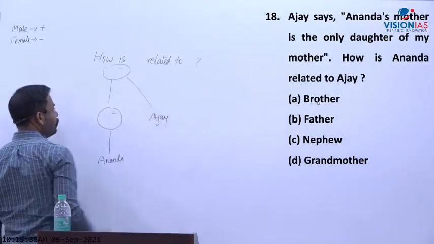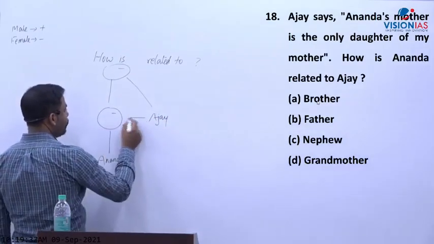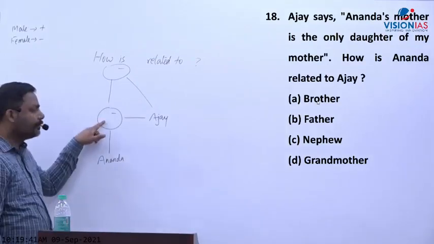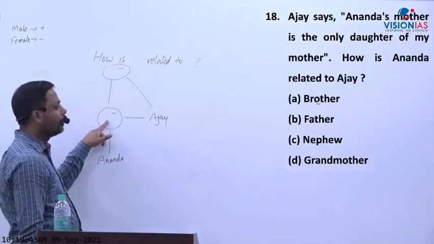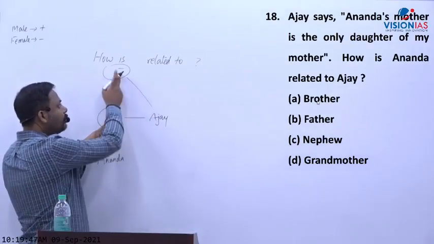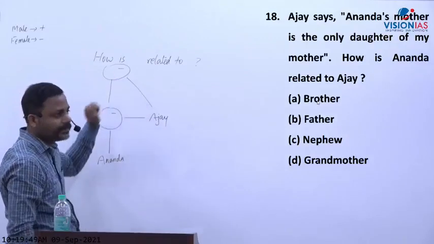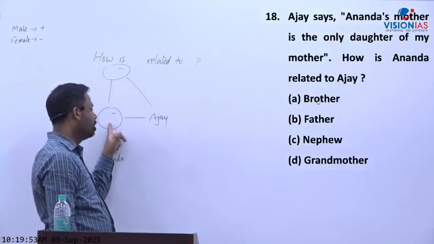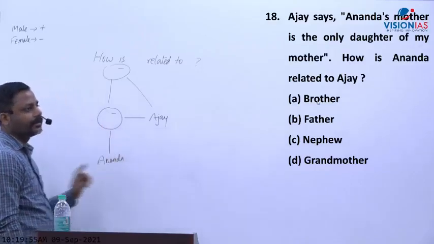So this lady is the sister of Ajay. Anand's mother is the daughter of a person, and this person is Ajay's mother.